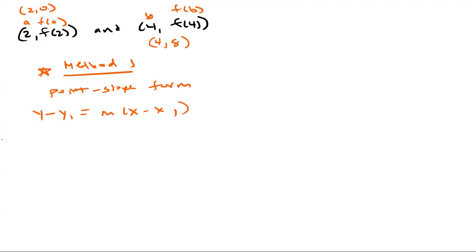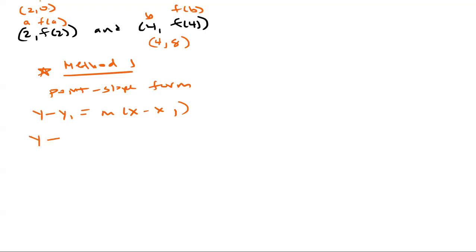That's just a fancy way of saying when x is 4, what is f of 4? 8. So (4, 8) and (2, 0). As I mentioned, you can choose either one. It doesn't matter. I'm going to do the first one here because it's easier to work with. Plus there's a 0, which is great.